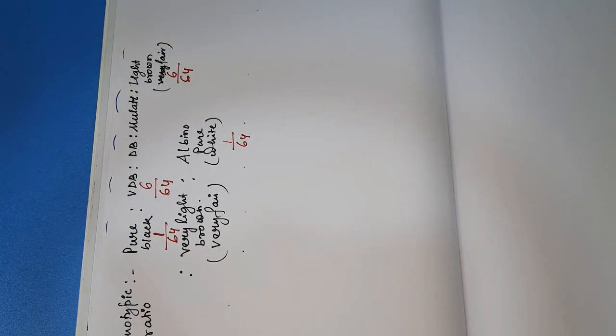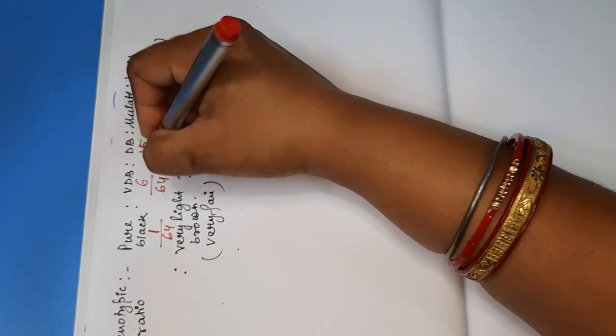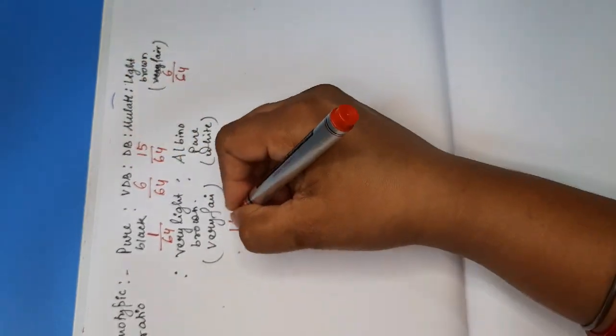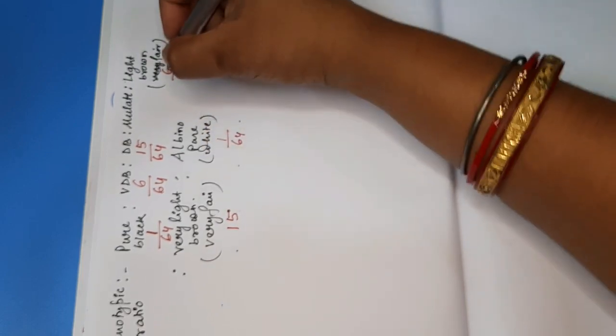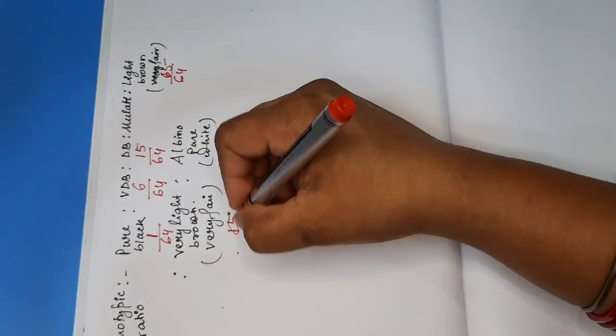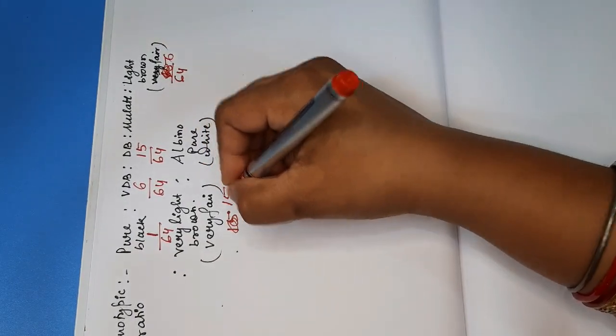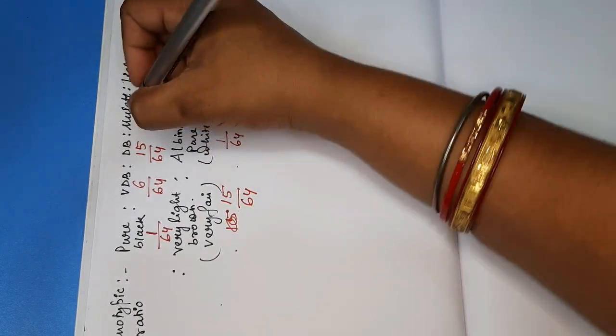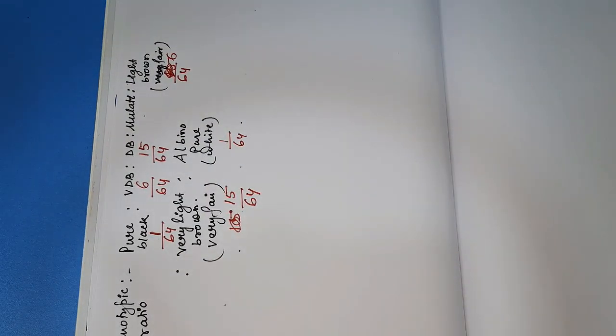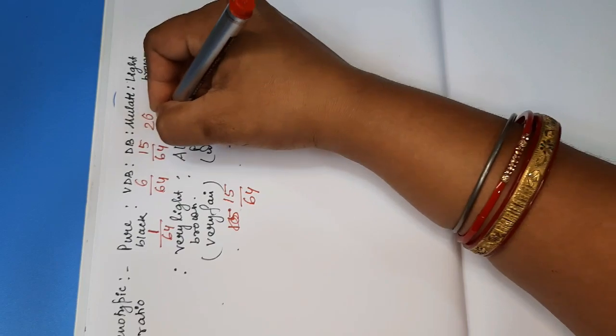So this will be 15 by 64. I have written it correctly, sorry. And the last, that is the mulatto, they will show you the highest one, that is 20 by 64.